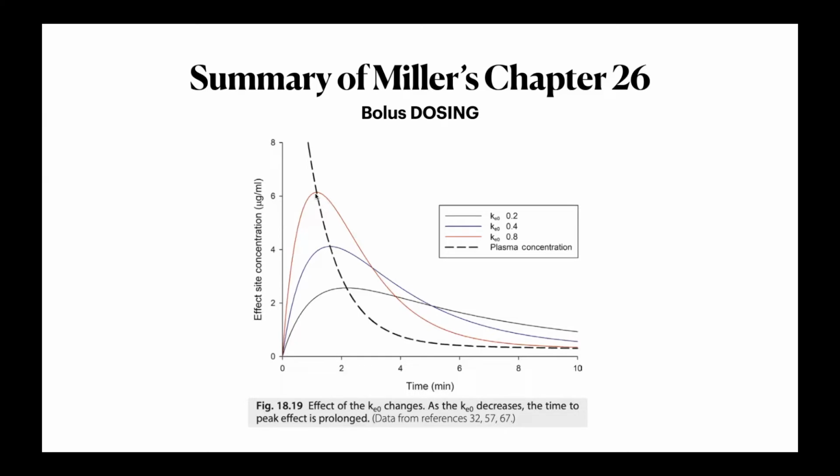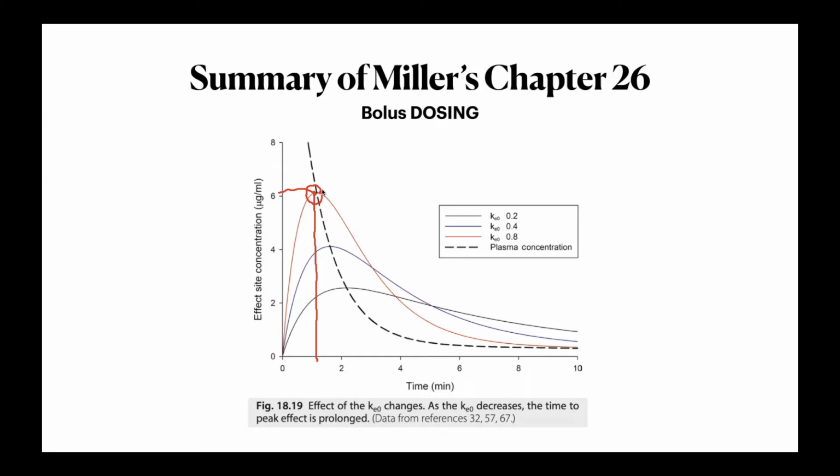So this is the graph from last week, which just describes bolus dose pharmacokinetics, where it's an exponential decay function. And the KO determines the time to peak effect. So with a large KO, you can see that the time to peak effect is quicker and higher, because remember that at the effect site, the KO does not affect the concentration there.